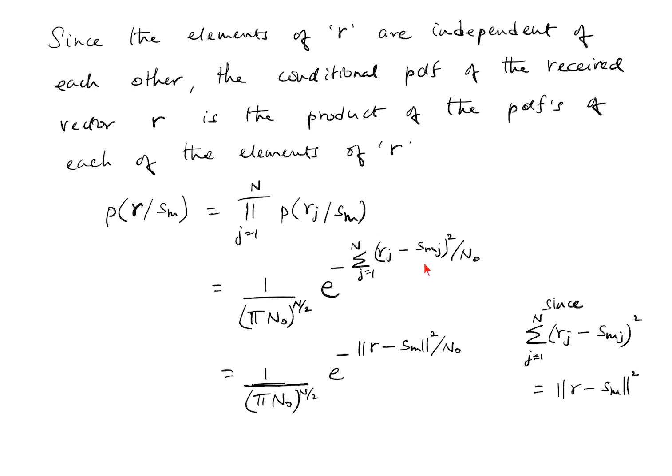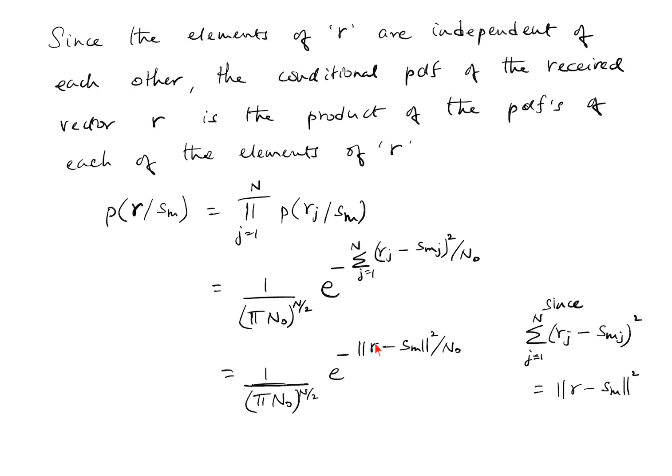So basically what it means is this summation term here is nothing but the square of the distance between the received vector r and the transmitted signal vector sm. That can be simply represented as the norm squared, right?